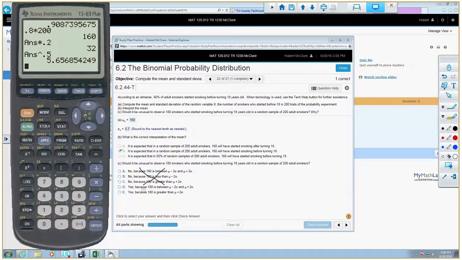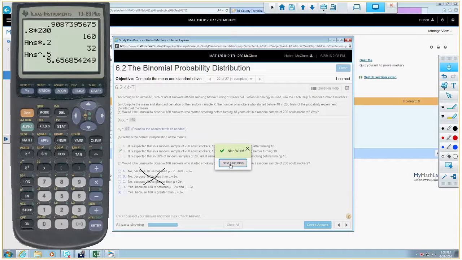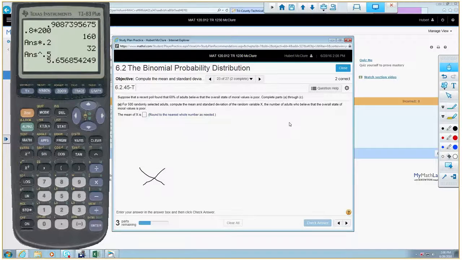Yes, because 180 is between mu minus 2 standard deviations and mu plus 2 standard deviations, or is it greater than 2 standard deviations? It's D, as in delta. And that's how you do it.